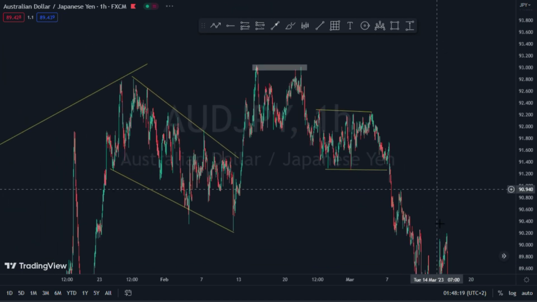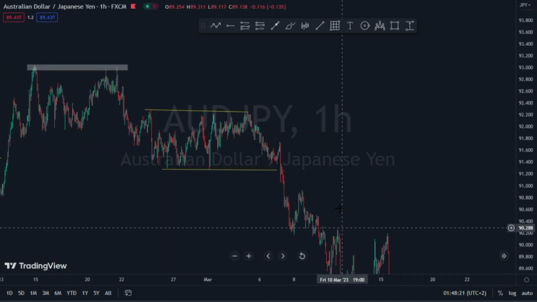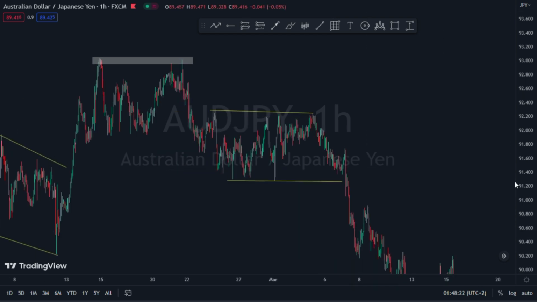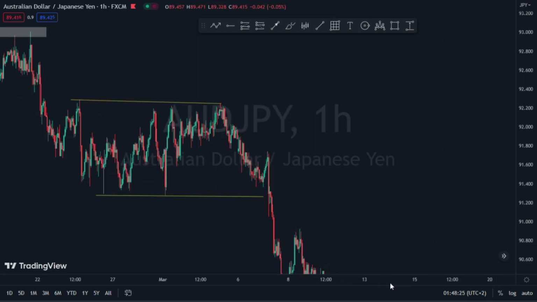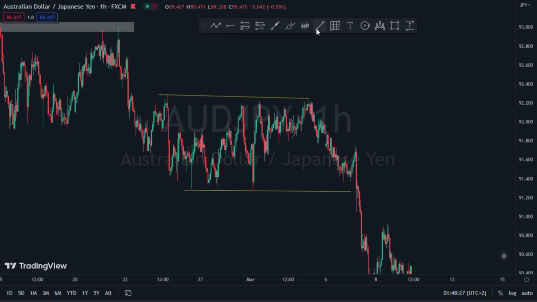So right here on the 1 hour time frame, within that same structure right there, we can see now that we have been presented with that 1 2 3 formation, that third touch being the highest probability to enter the market, to move down with the market, right?